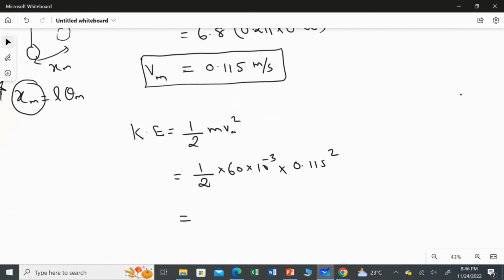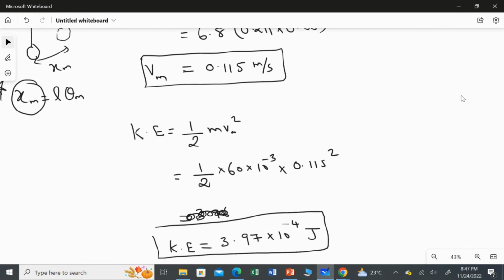I got the answer as 3.967, so I can write this value as 3.97 multiplied by 10 to the power minus 4. And what's the unit for the kinetic energy? It's joule, right? So the kinetic energy we got is 3.97 multiplied by 10 to the power minus 4 joule.